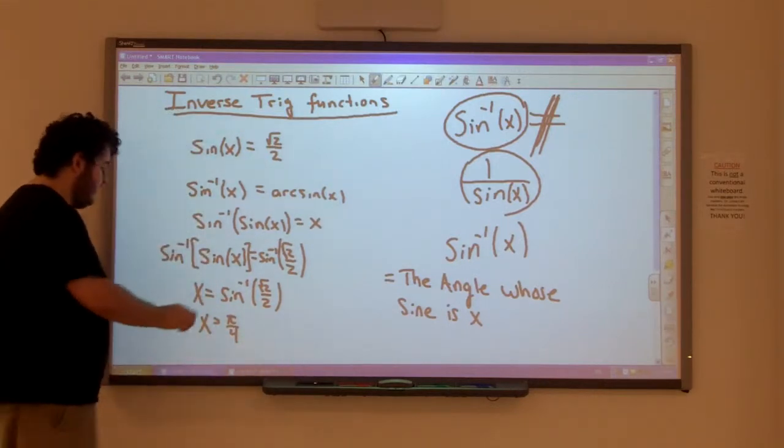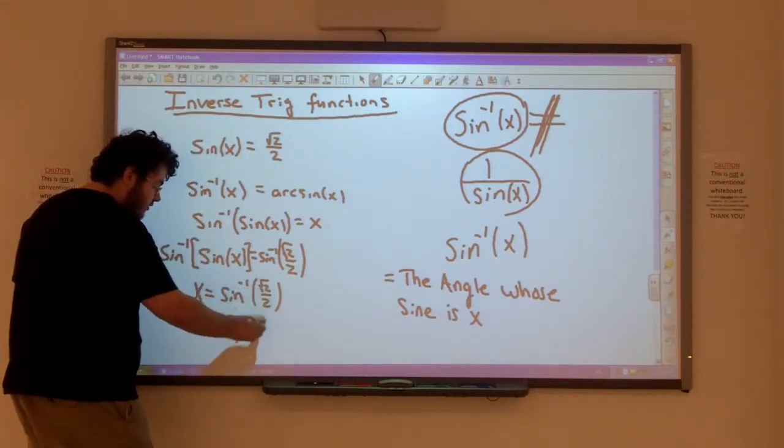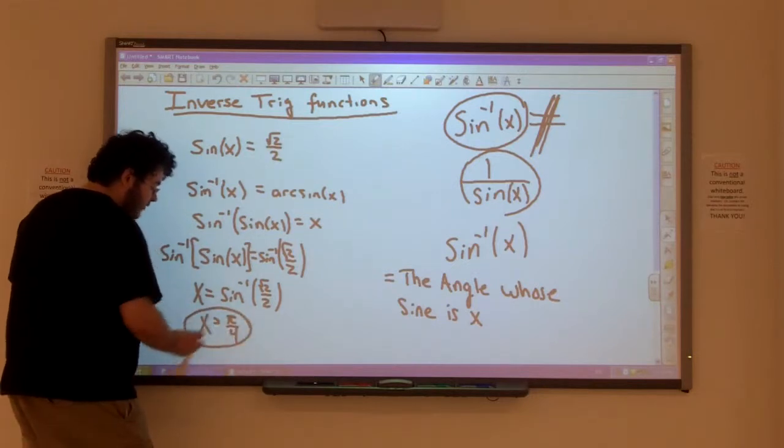So in this case, the value whose sine is square root of 2 over 2 is pi over 4.